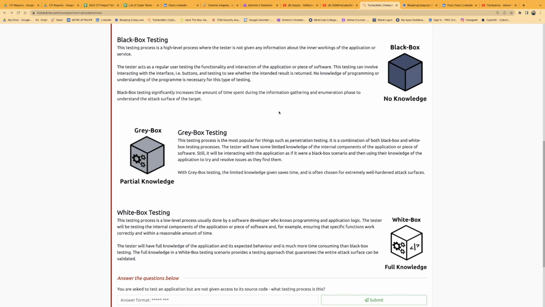It's still interacting with the application as if it were a black box scenario, but the knowledge of the application is a little bit more. So with gray box, it saves time because you have a little more knowledge. Maybe you have names or emails, or the different things they may give you.